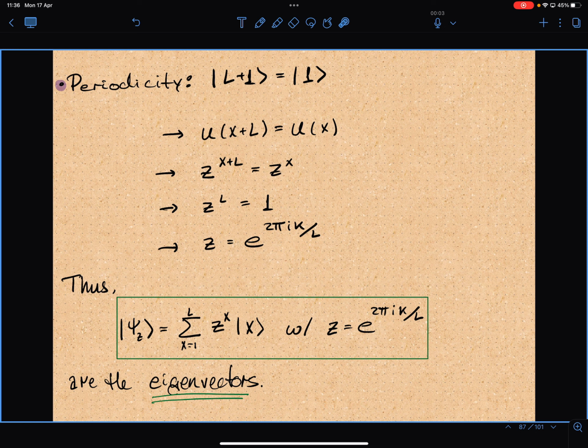And putting this together, I have that my eigenvectors are given by this formula, where c is a root of unity, and it's a linear combination of these positions of the upspins. How many eigenvectors have I constructed here?